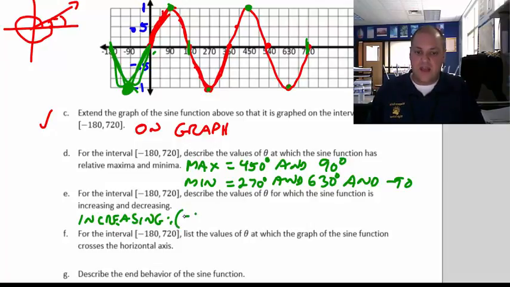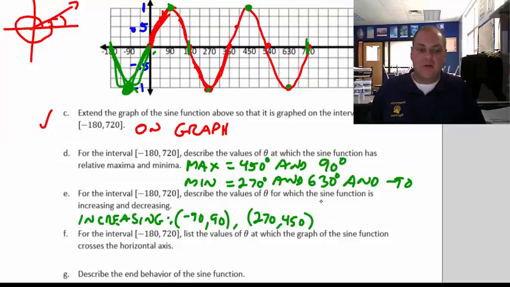It's also increasing from 270 to 450. And there's another increasing interval from 630 to 720. From 630 to 720, it's also increasing.